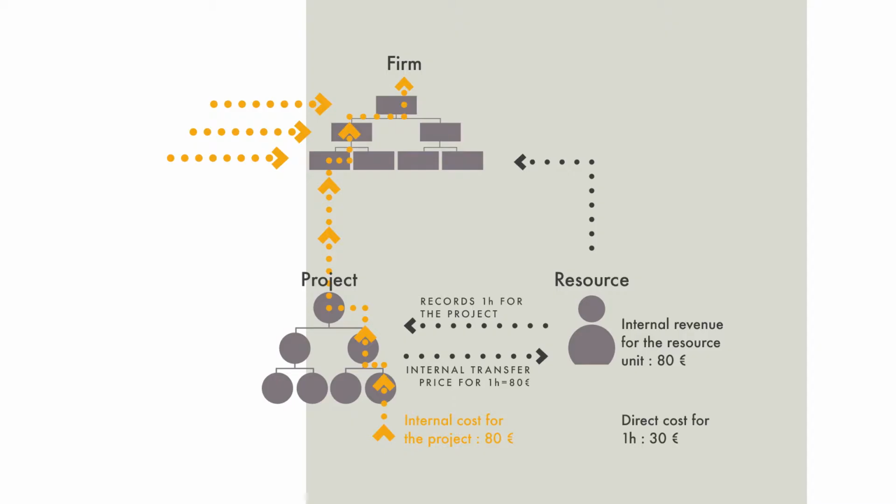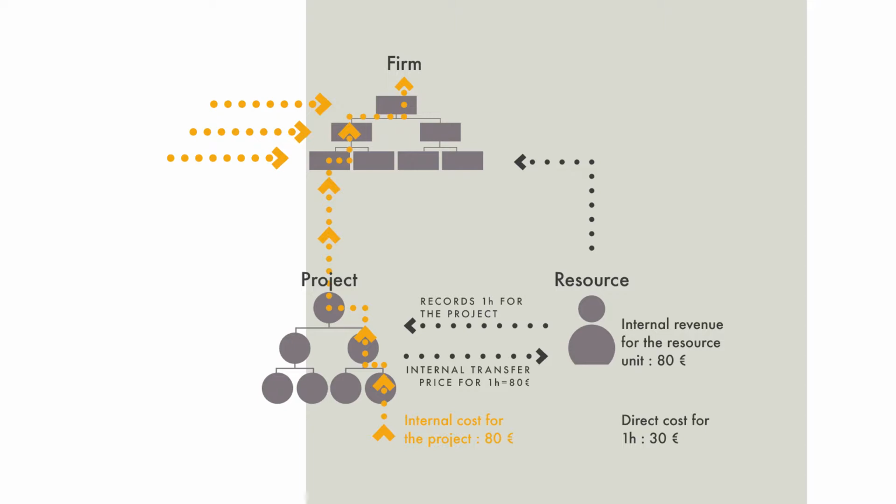So in this picture, we have the same setting, the project owned by a project unit and the resource owned by a resource unit. And let's assume, for example, that this person, when they make 1 hour of work, the direct cost for that 1 hour is 30 euros.